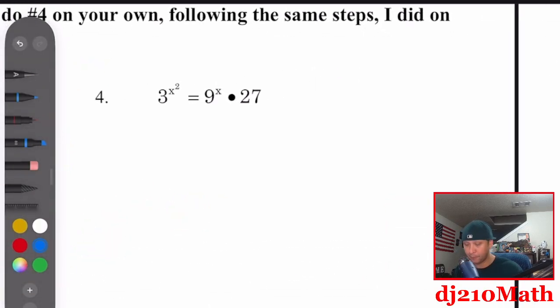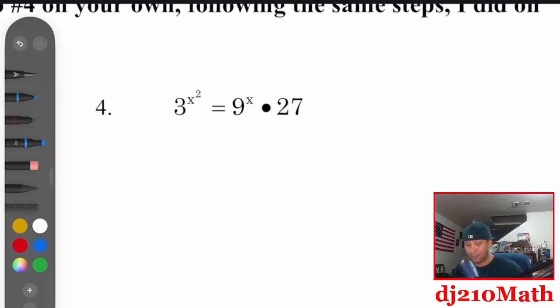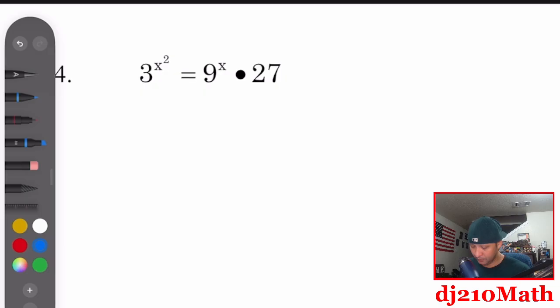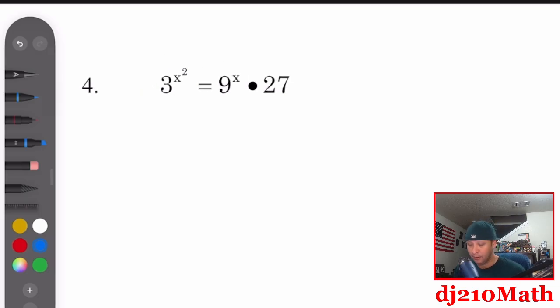All right, I'm gonna do number 4. Okay, this one, again, the goal is to have the same base on each side, and then we don't care about the bases, and we only look at the exponents. So right now, what I'm thinking is 3, 9, and 27 can all be rewritten as a power of 3. 3 to some power.